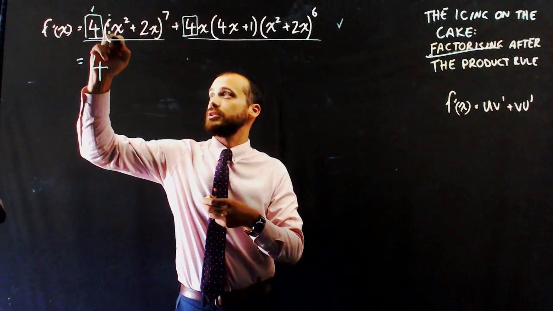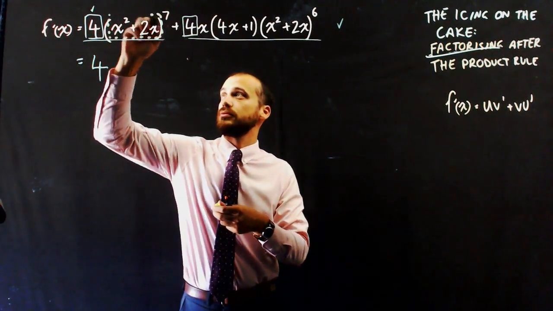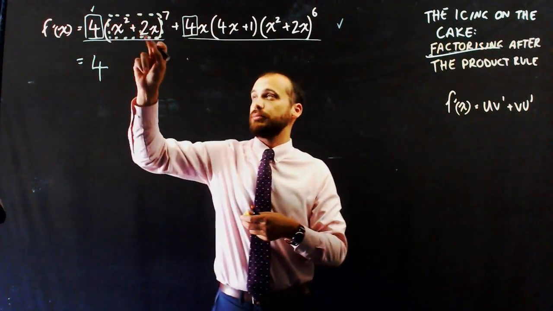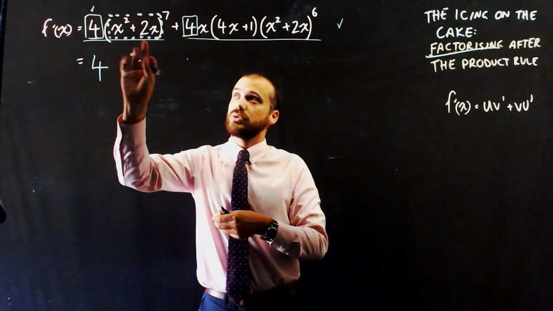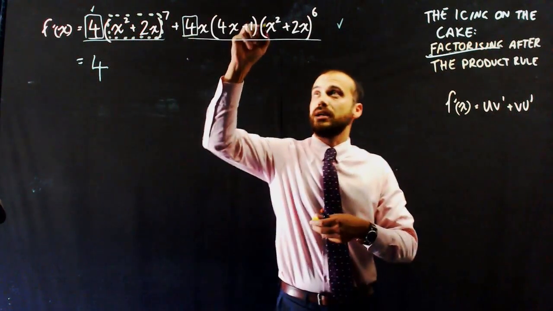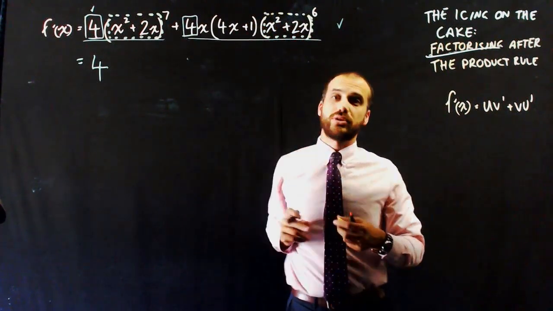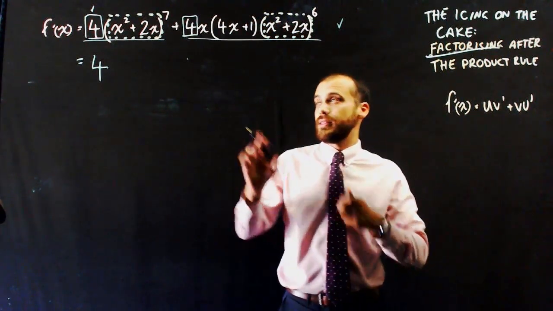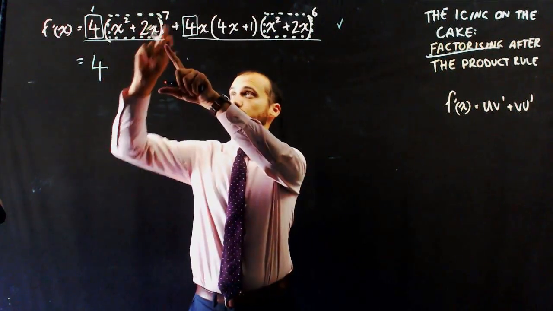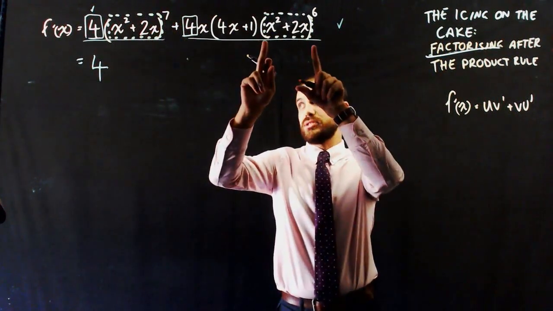Our next common factor, let's use a different colour maybe. If you look here inside these brackets, we have x squared plus 2x. Here we have x squared plus 2x to the power of 7, and here we have x squared plus 2x to the power of 6. Now, this is 1 power higher than this one.